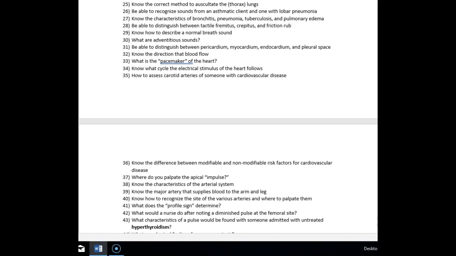I told you, know the characteristics of bronchitis, pneumonia, tuberculosis, and pulmonary edema. I thought that would be good for you to know.